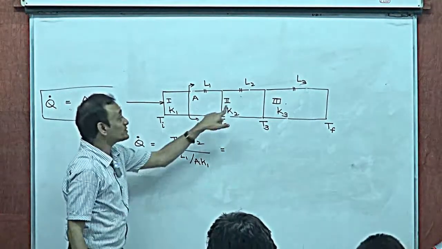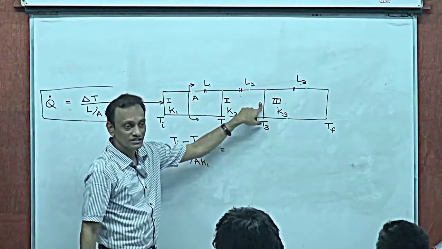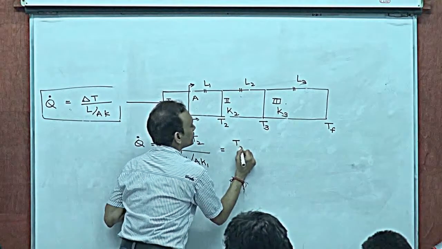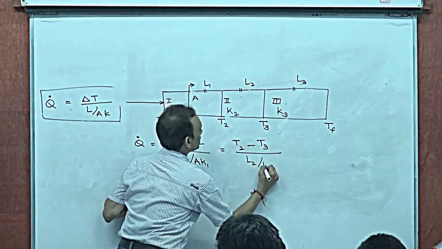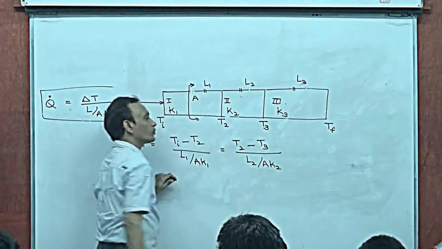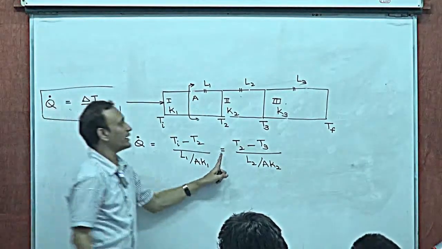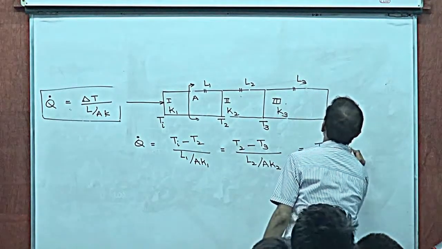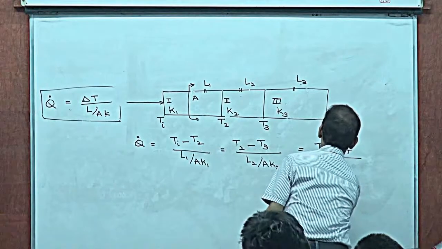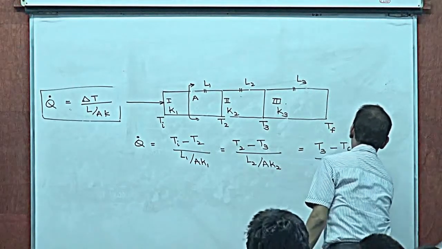That gives the heat current through this, which is T2 minus T3 divided by L2 by AK2, the thermal resistance of that. And that must be the heat current through this, which is T3 minus Tf divided by L3 by AK3.